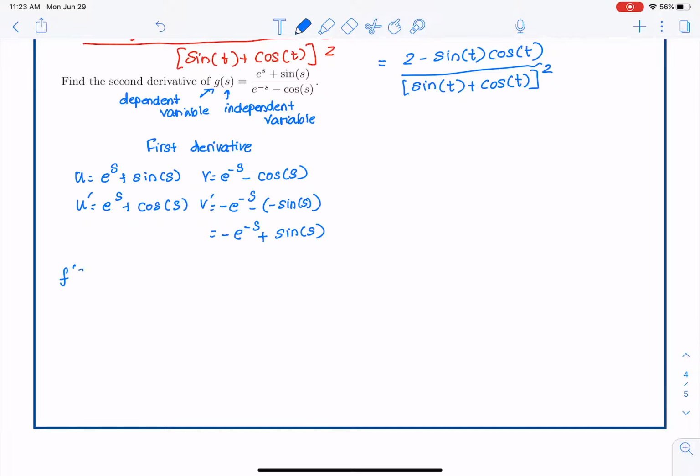So the first derivative would be v u prime minus u v prime divided by v squared.